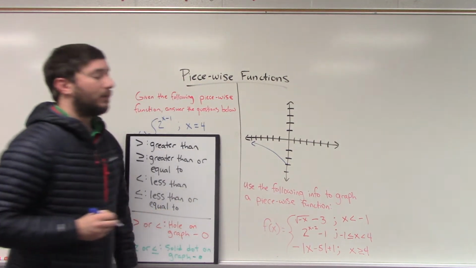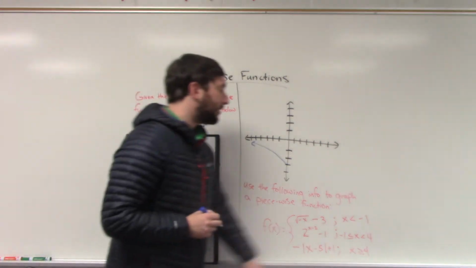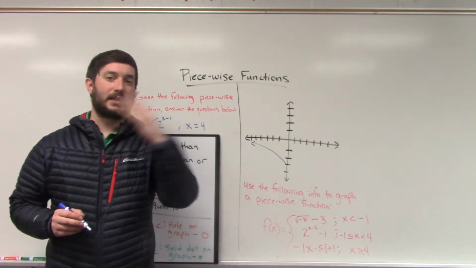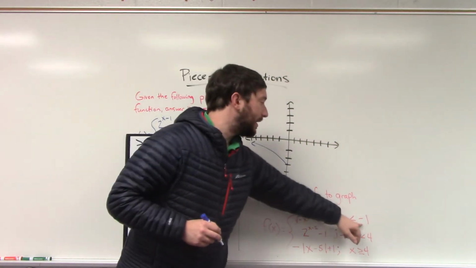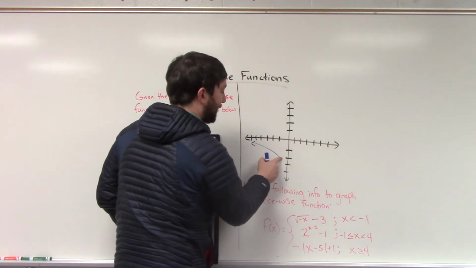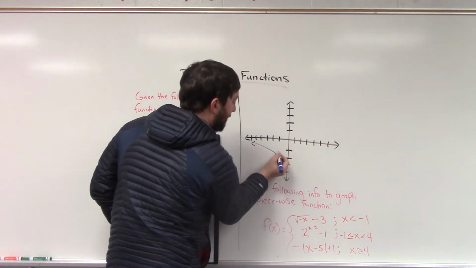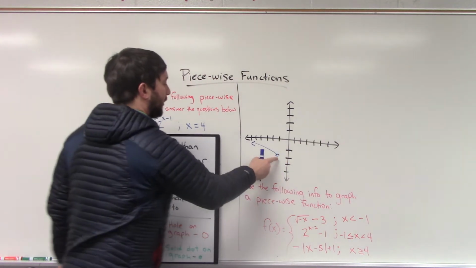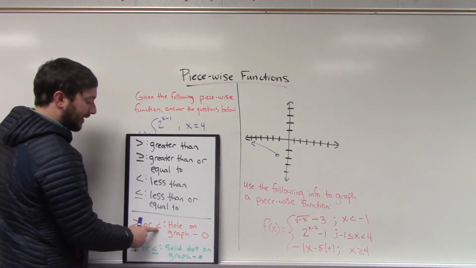Okay. But in this case, notice, the graph can only show up to the left side of the page, okay? Left of -1. So this section right here does not actually exist. It has to be a hole, right? A hole because we're dealing with a less than symbol.